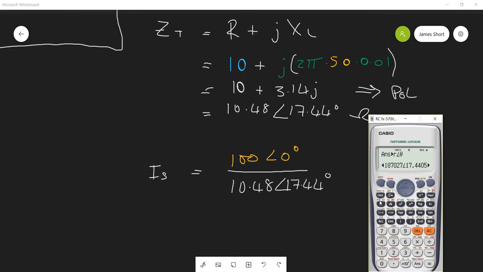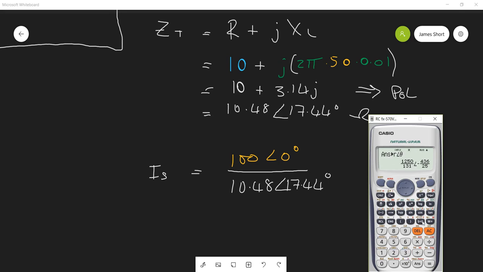So going into our trusty calculator, we can go 100 divided by 10.48 at 17.44, we'll just go directly into the polar of this.